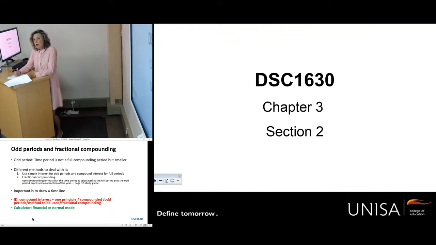There will always be compound interest, and then it will either give you the method of simple interest for odd periods and compound interest for full periods, or the words fractional compounding will be there. How do I calculate? Using my calculator, straightforward. You can use either the financial mode or the normal mode, or where we've got simple interest and compound interest, a combination of the financial and the normal mode.